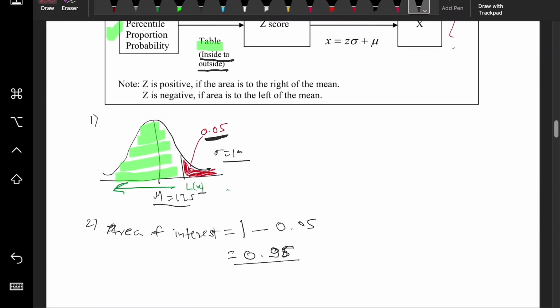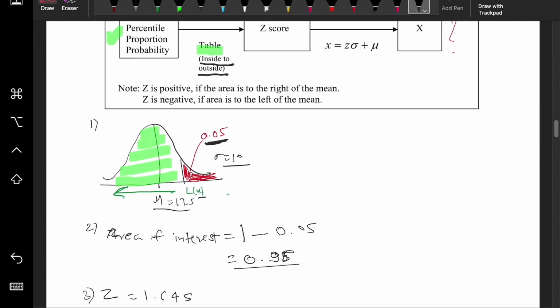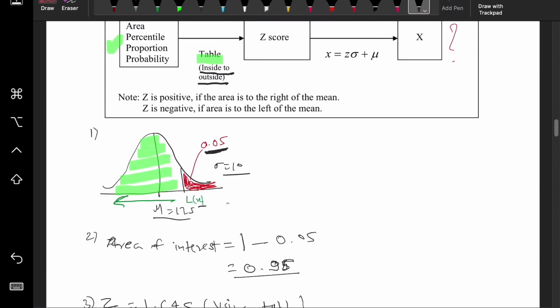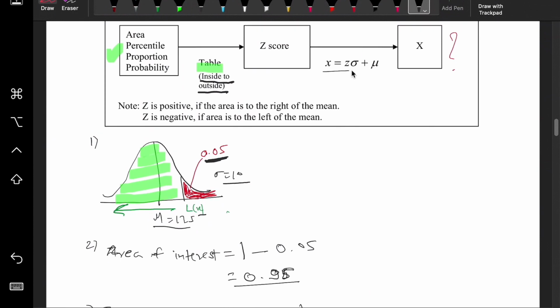So using the table, we know that the z is 1.645. Now once you know the z, you just have to get the x value, or in this case we are representing it as L. Okay, so get that particular value and then your answer should be all ready.